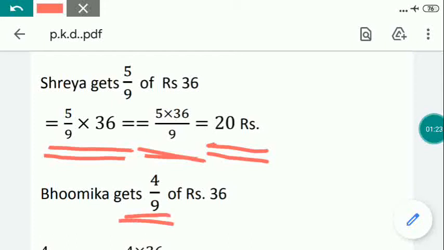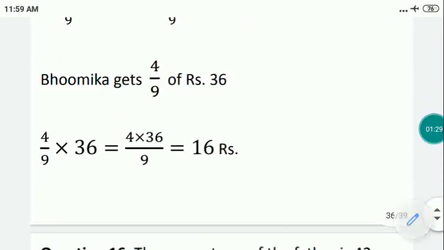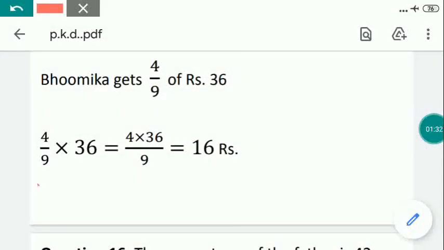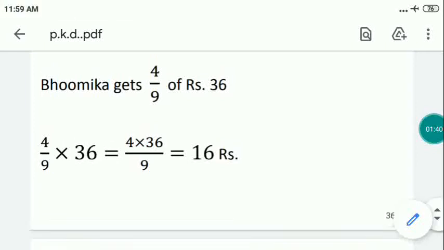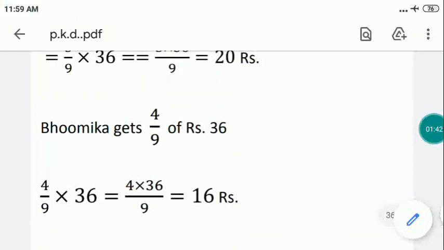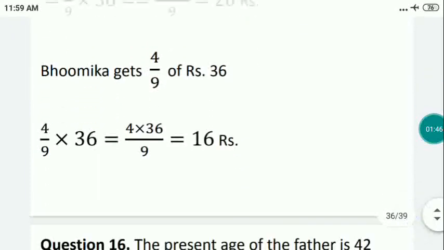So Bhumika gets 4/9 of rupees 36. So 4/9 into 36 is equal to 4 into 36 upon 9, which is equal to 16 rupees. So Bhumika gets 16 rupees. If you observe, 20 rupees plus 16 is 36 rupees, divided between Bhumika and Shreya.